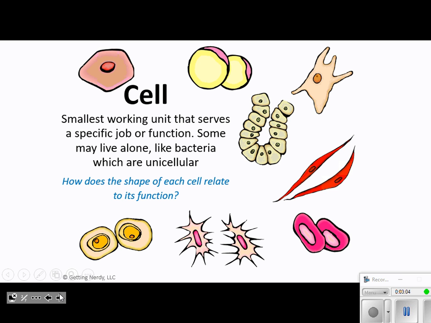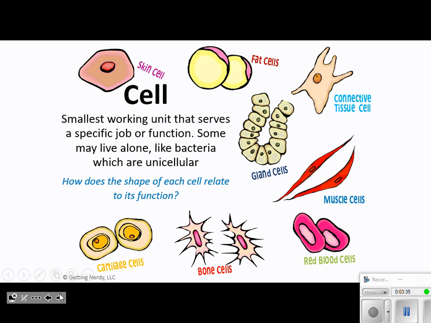So these cells have a specific job or a function. Now, I've got little cartoon cells up there. Let's look at some of these. That's a skin cell. Fat cells. Connective tissue cell, gland cell, muscle cell, red blood cells, bone cells, and finally cartilage cells.